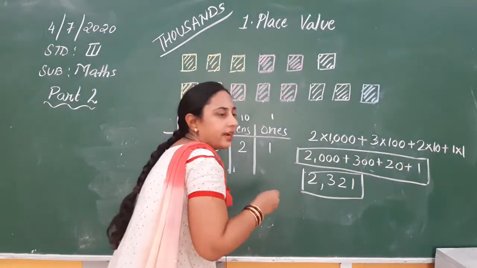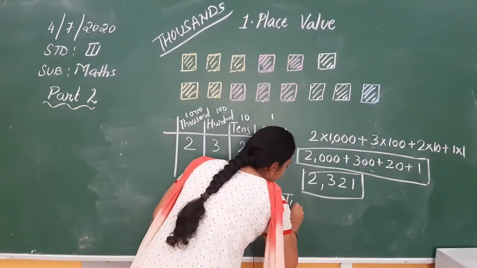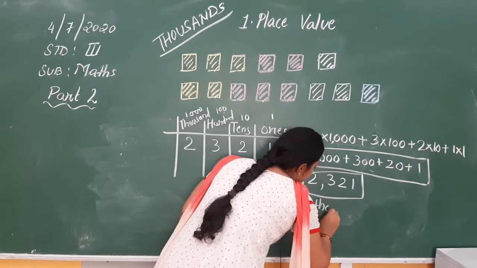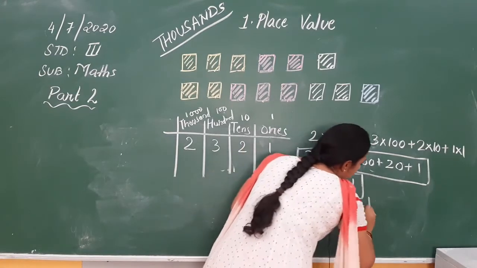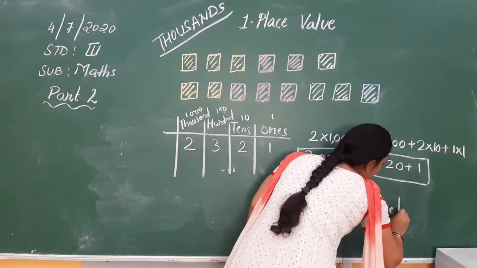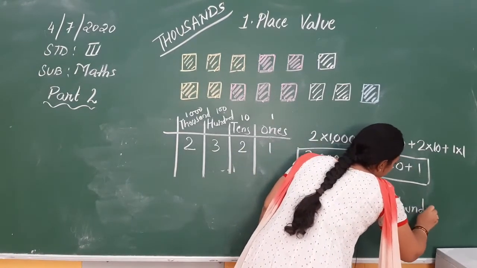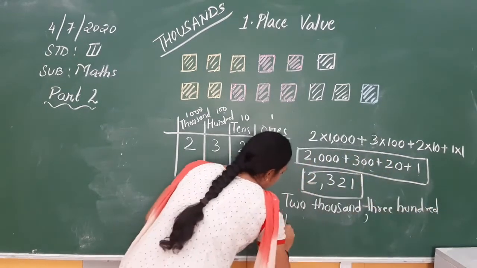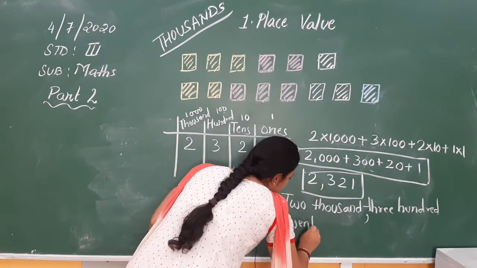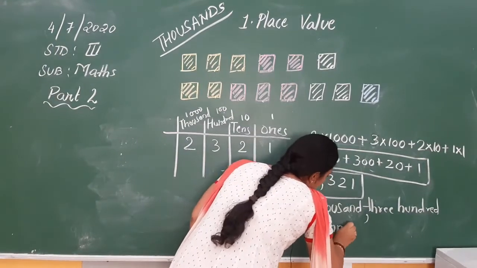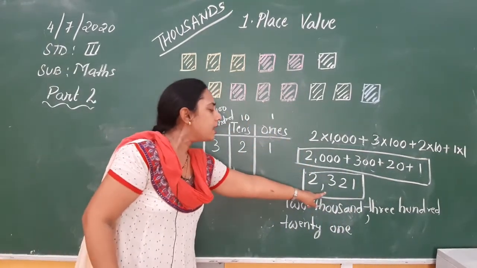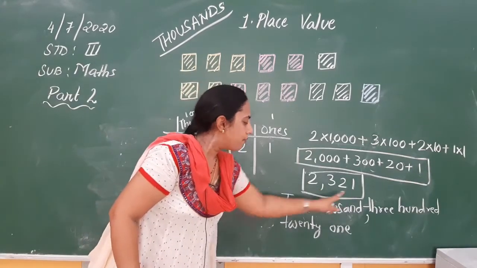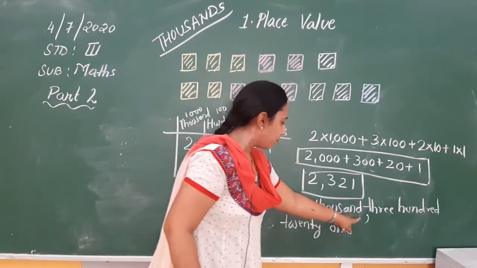Now let us see how to write in words. 2000, comma, 321. So this number is 2321.